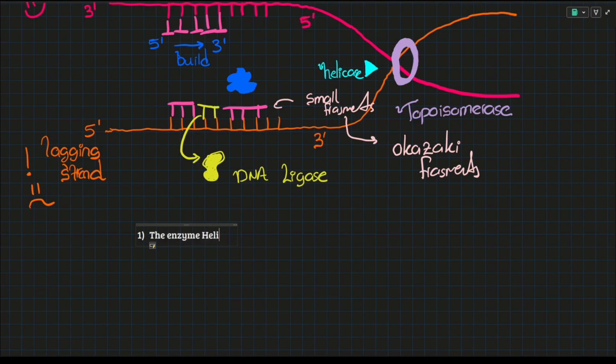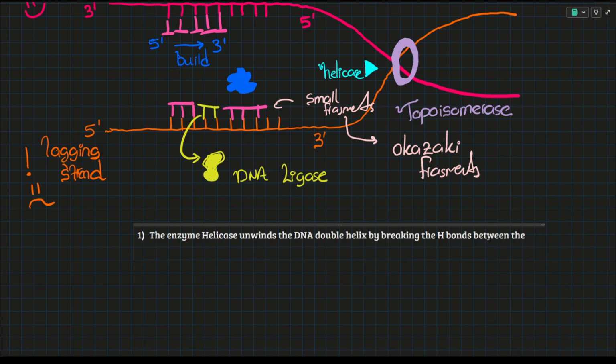Now, the enzyme helicase unwinds the DNA double helix by breaking the hydrogen bonds, I'll call it H bonds for short, between the nitrogenous bases. That's the first one.